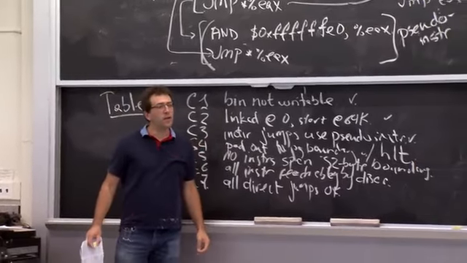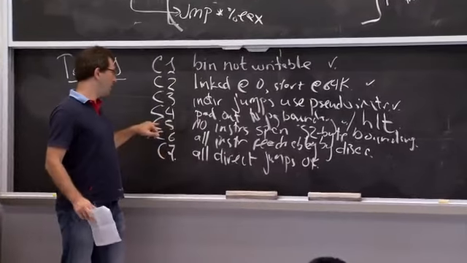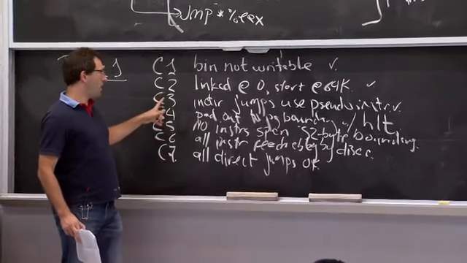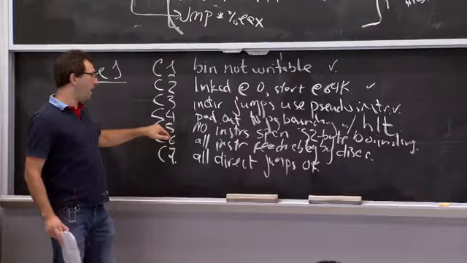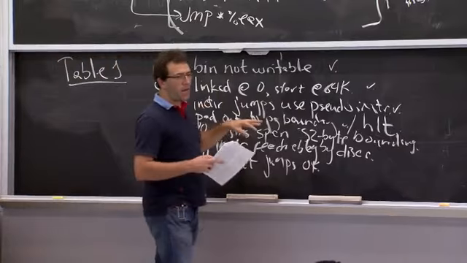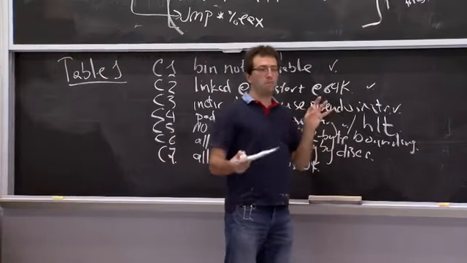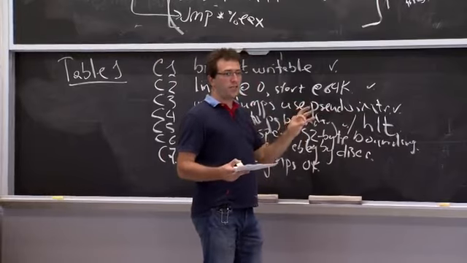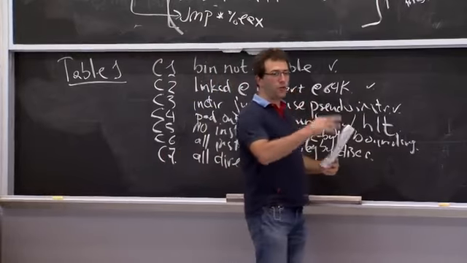Question? So what's the difference between C5 and C3? Yeah, so I think C5 says that if I have an instruction that's multiple bytes, it cannot span that 32-byte boundary.